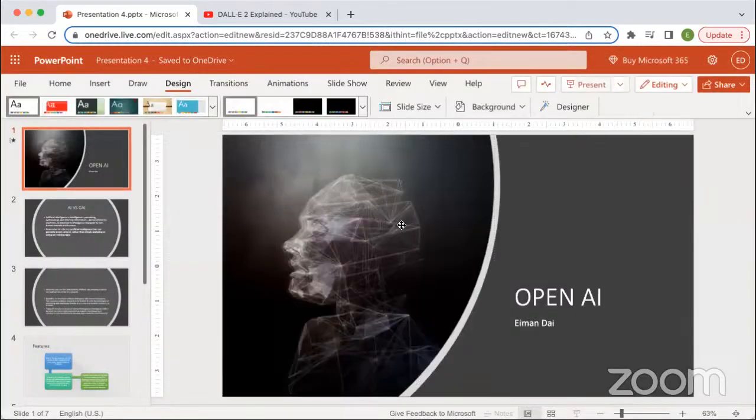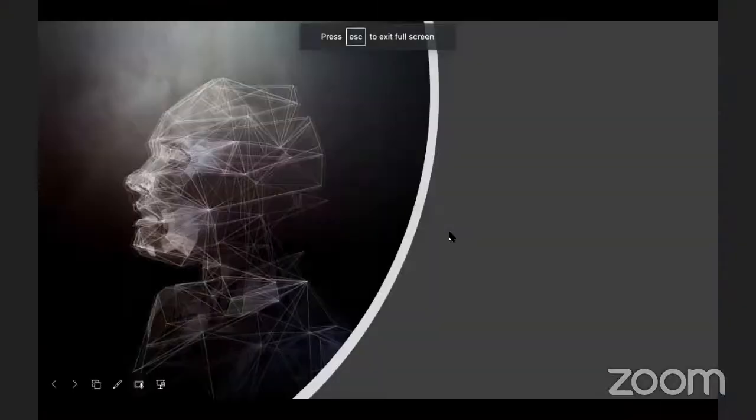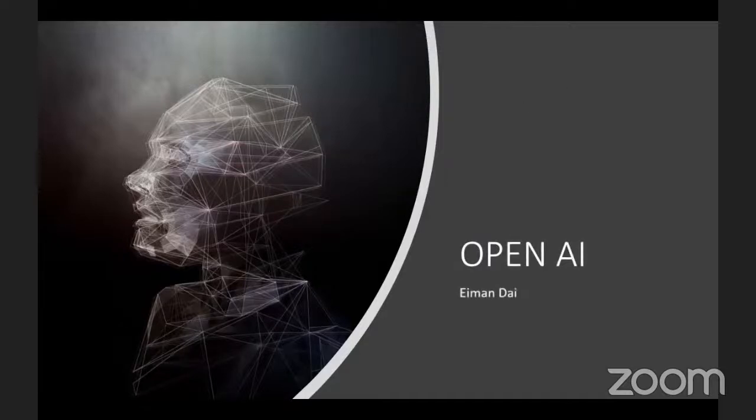Can you see my screen? Yes. So this is a very, very interesting topic. I actually did not know about it before, so it was a very interesting read to me.